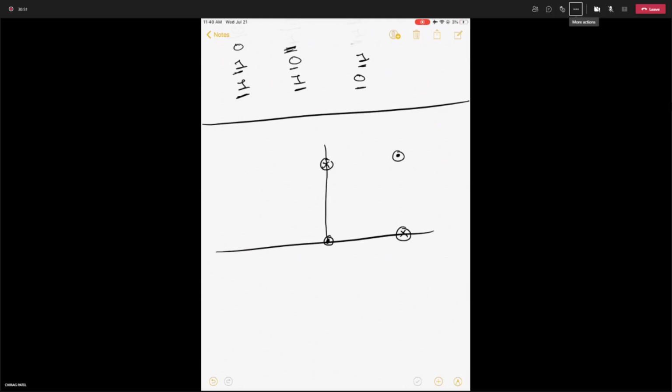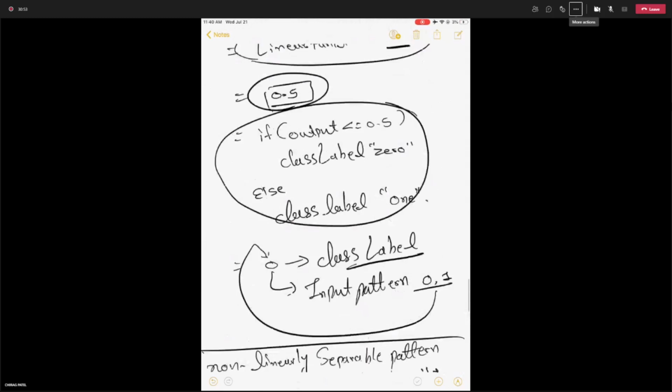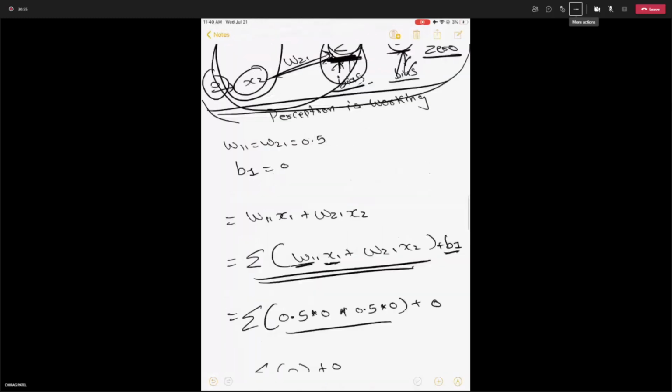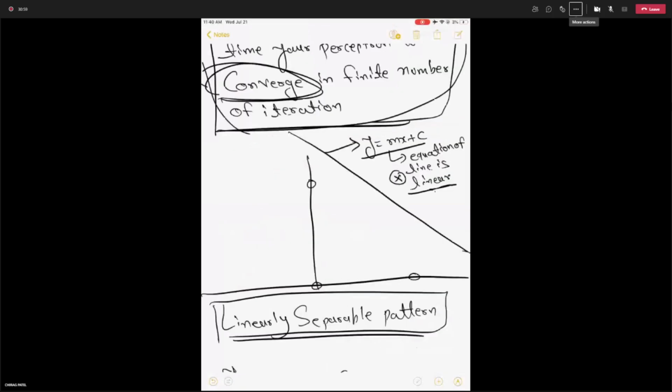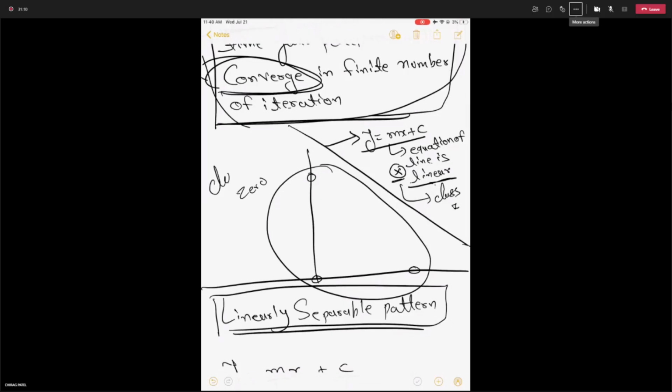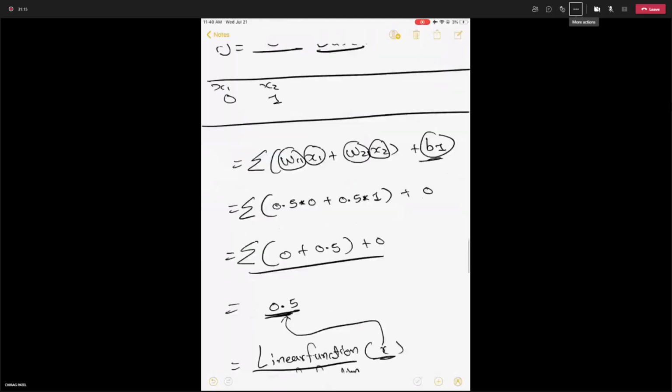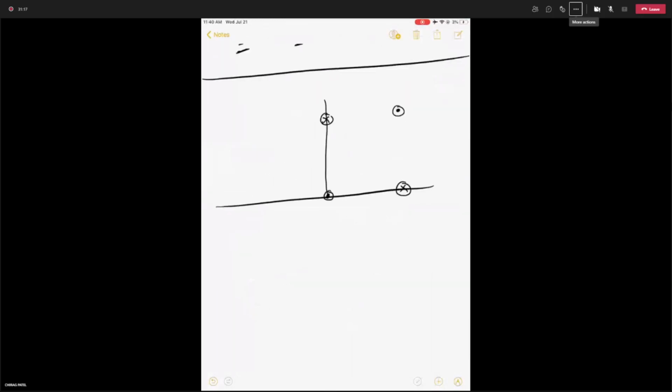Last time we had this pattern, where here is class 1 and here completely is class 0. So which type of boundary do I need to draw to differentiate between my class 0 and class 1?